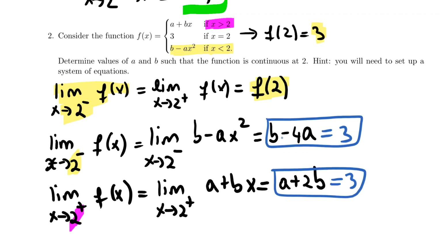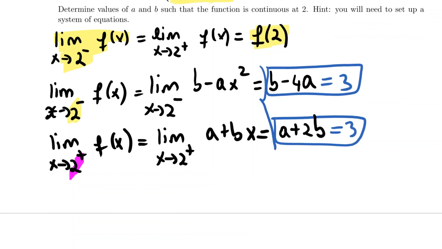So now we have to solve this system of equations. You can solve it by substitution or by elimination. So let's solve it by elimination. I want to eliminate a, so I'm going to multiply this by 4, and I'll leave the first one as it is.